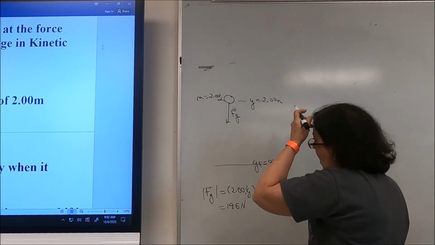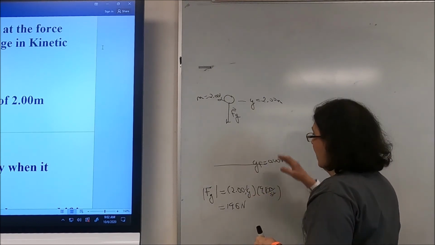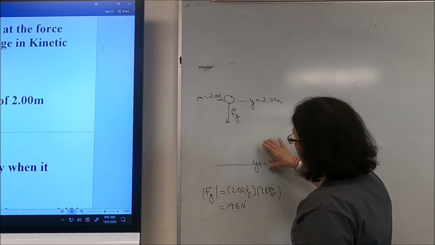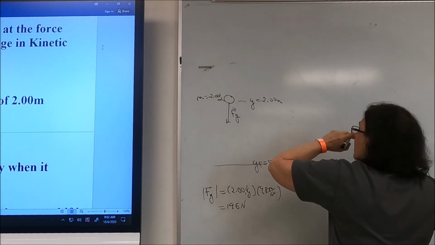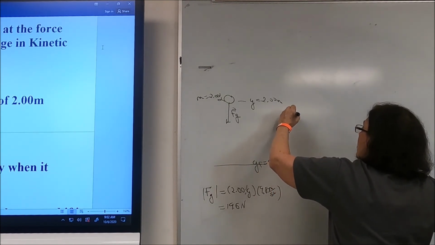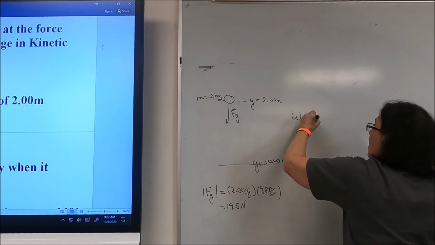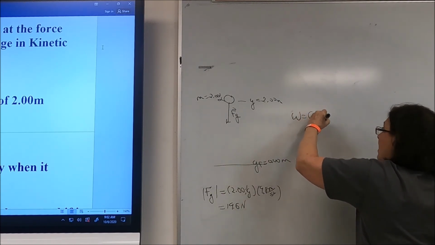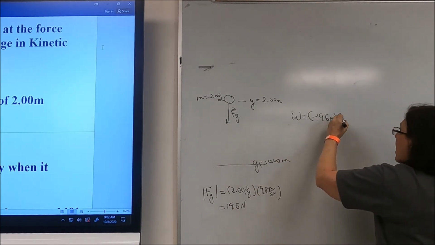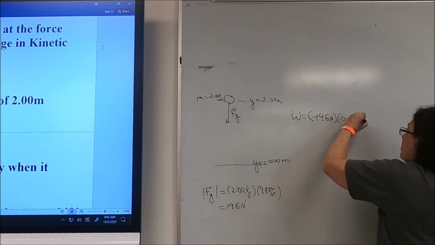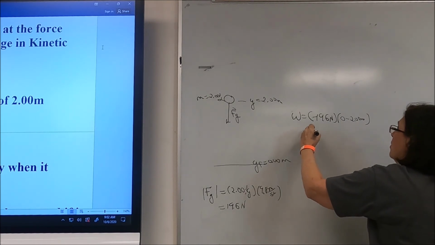Okay? Now if we think about directionality, our force is down, our direction is down. So if I look at this, my work is going to be my force, minus 19.6 newtons, times my delta y, which is 0 minus 2 meters.